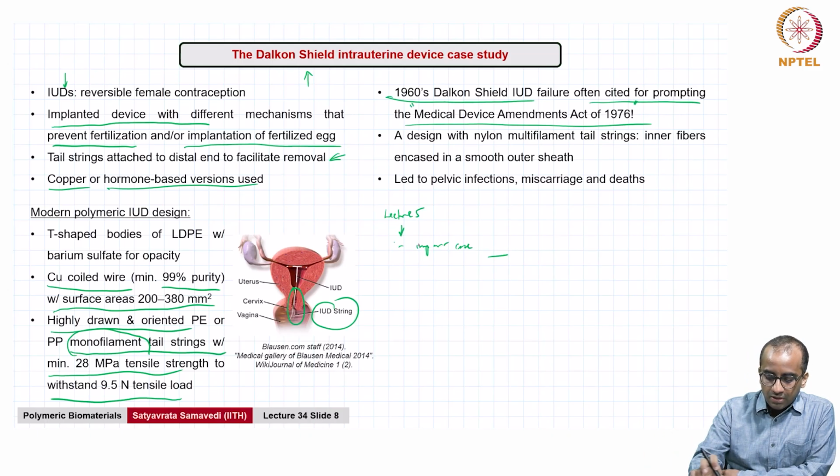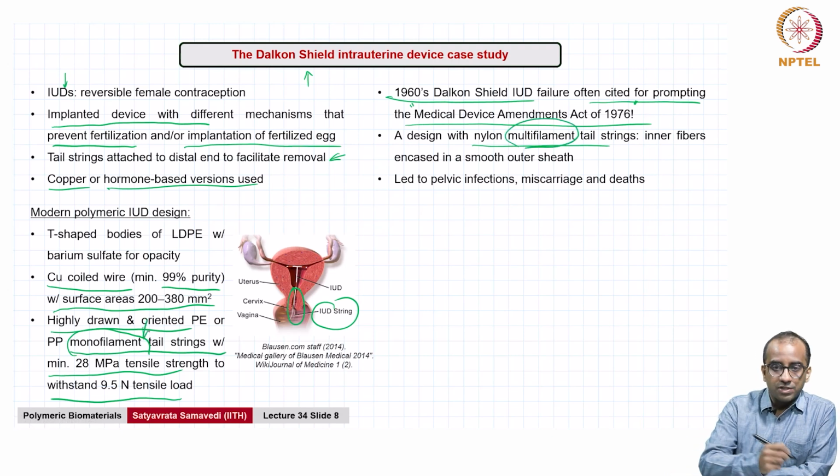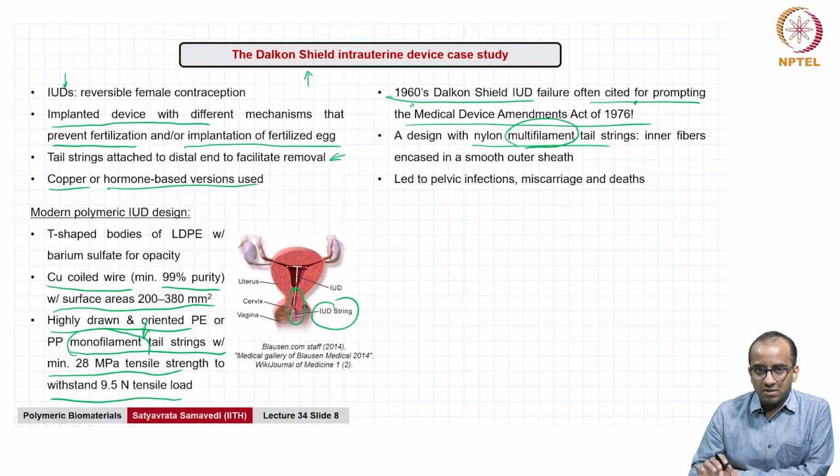Essentially, this IUD, the Dalkon Shield IUD, had a design with nylon multifilament tail strings. Note that this is a multifilament as opposed to the current standard, which is a monofilament. That small difference, as it turns out, will become a very key factor in the failure of these Dalkon Shield IUDs.